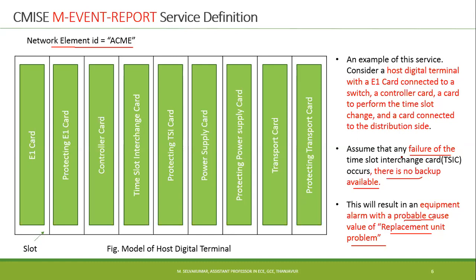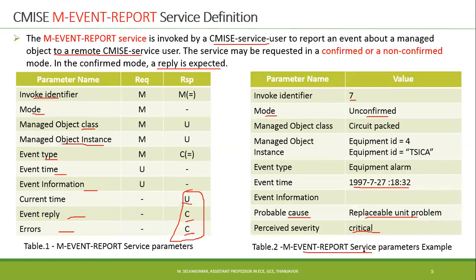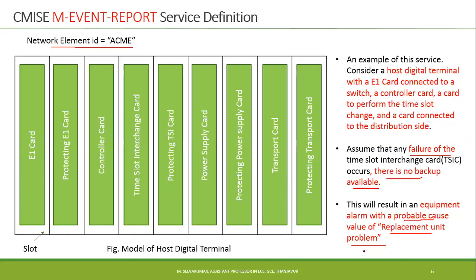If the time slot interchange card has a redundancy of one more card, then this value is not applicable at the response. Otherwise, this value is applicable at the response. Now the service is intimated to the manager, to replace the unit problem.